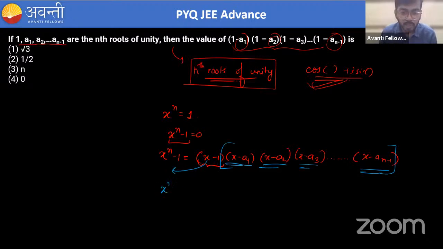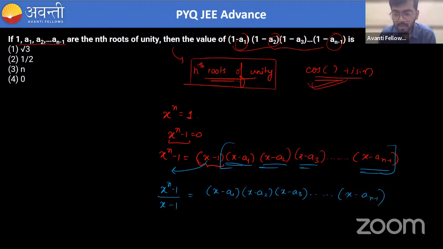So this will become x power n minus 1 upon x minus 1 is equal to x minus a1, x minus a2, x minus a3 up to x minus a n minus 1.